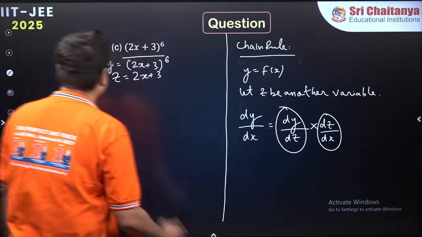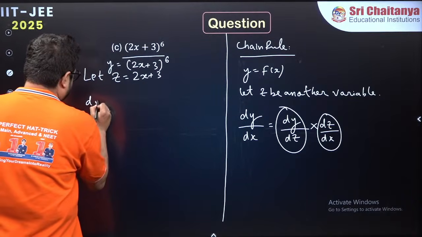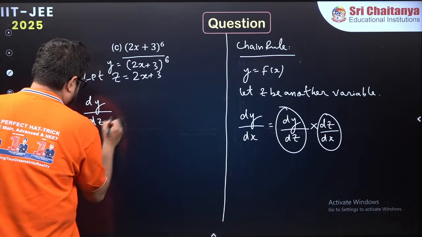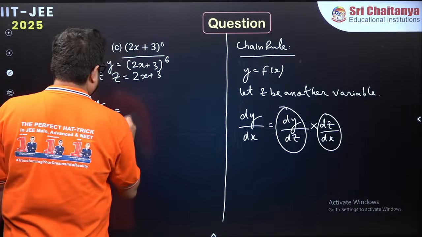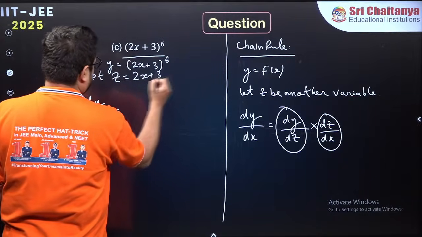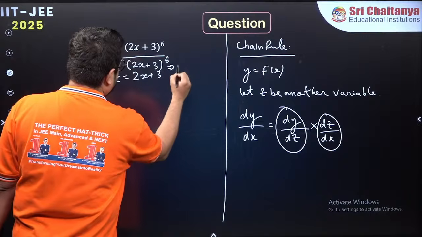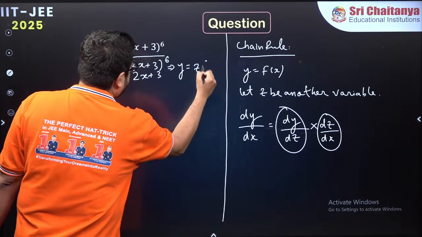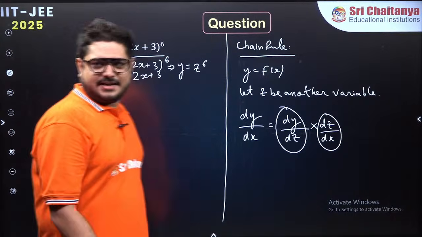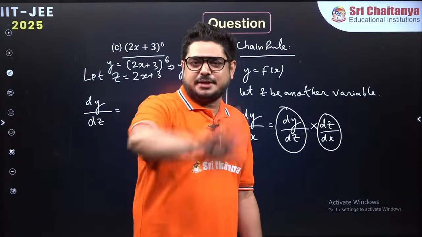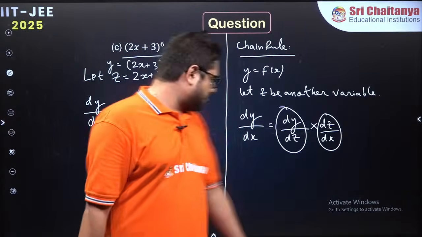So what needs to be done? Let's try to find out dy by dz. What are you going to get? So that means y was what? So can you write down this y as z to the power 6? We can write it down as z to the power 6 over here in this question.